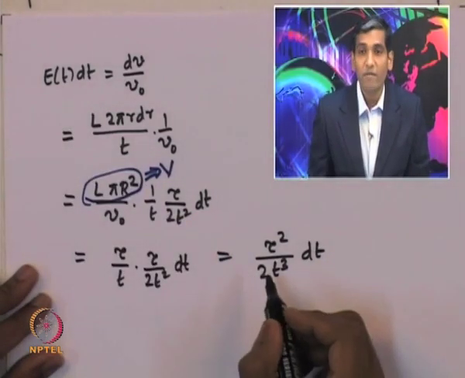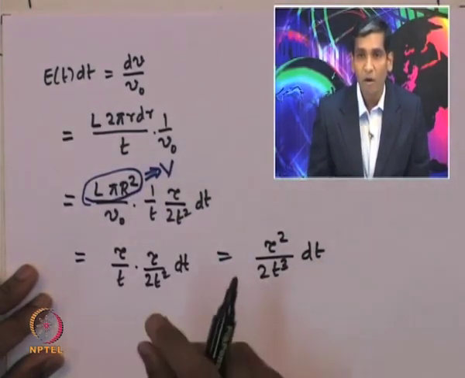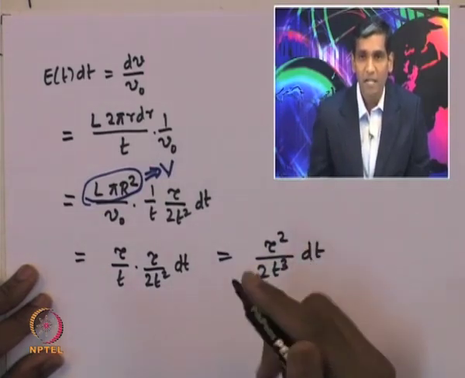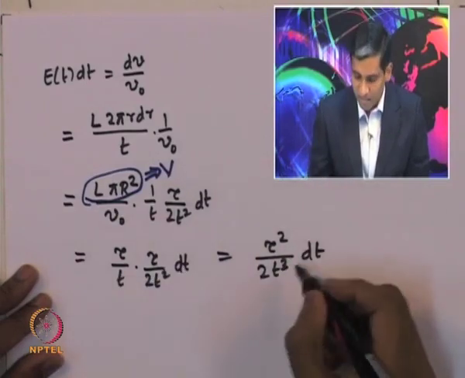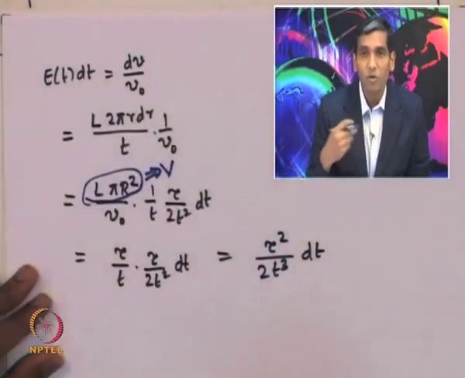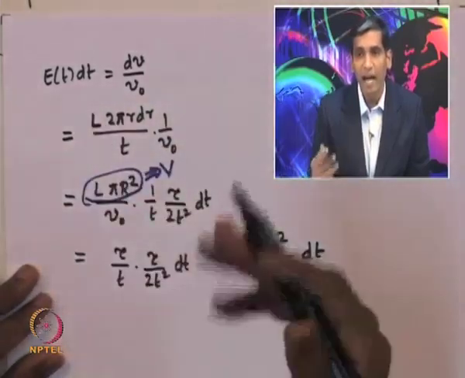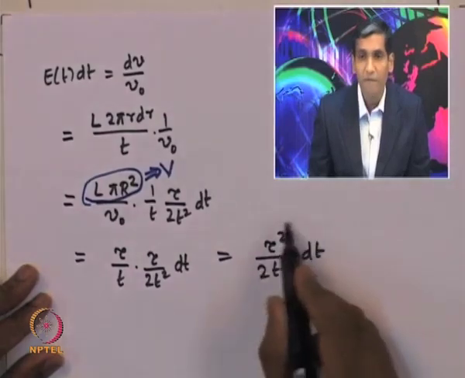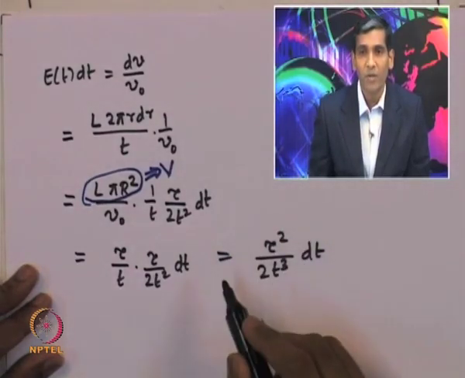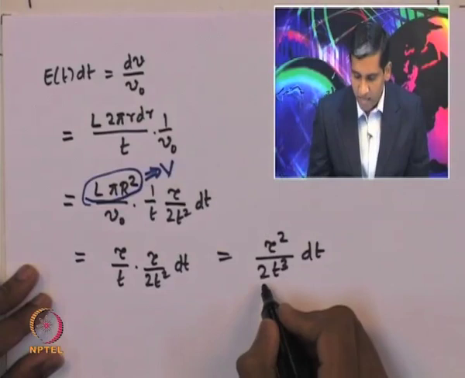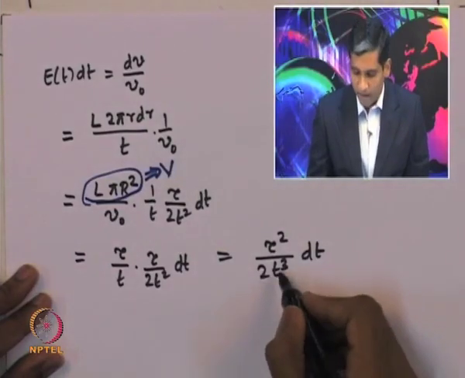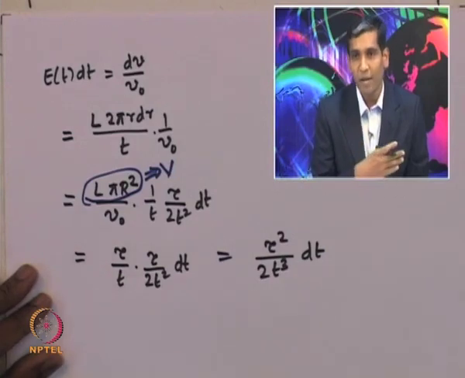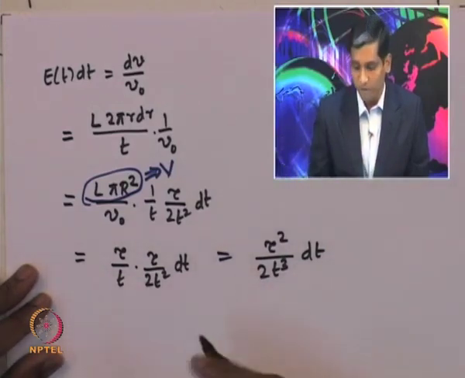So, E t dt, which is the fraction of the fluid whose residence time is between t and t plus dt, for a laminar flow reactor is equal to tau square, the square of the space time, divided by 2 into t cube, where t is the time spent by a particular fluid element at a particular location from the entry to the exit of the reactor.